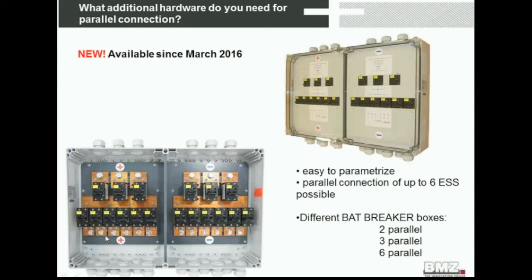Here are the connections for the plus pole of the 6 batteries, and here is the connection point of the minus poles of those 6 batteries. You have plus pole bus bar, minus pole bus bar, and here you connect the inverter's plus pole and minus pole. It is very simple, honestly. And even those bat breaker boxes, they do not cost that much.